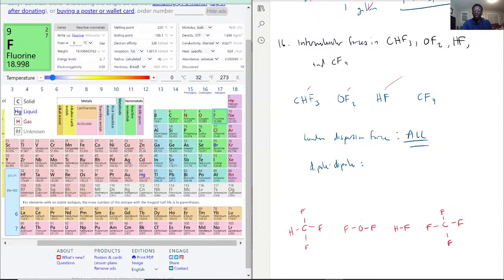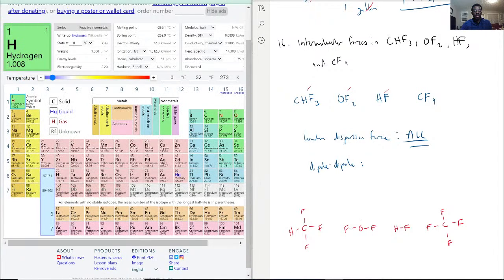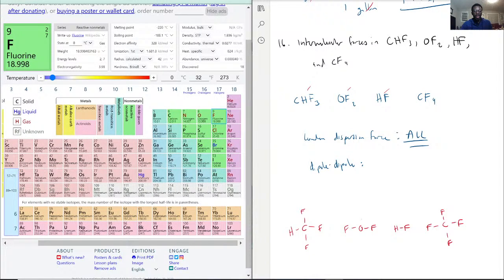HF is also a dipole-dipole because hydrogen and fluorine, 2.2 and 3.98. Just to verify with math, a 1.78 difference. And then CF4, like the CHF3, we're still comparing carbon and fluorine, and so it also has a dipole-dipole bond. So all of them would have dipole-dipole.